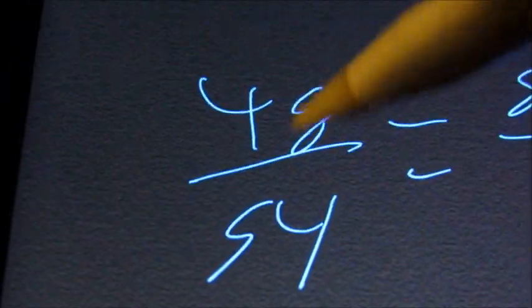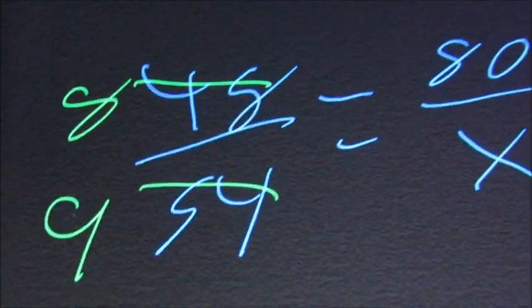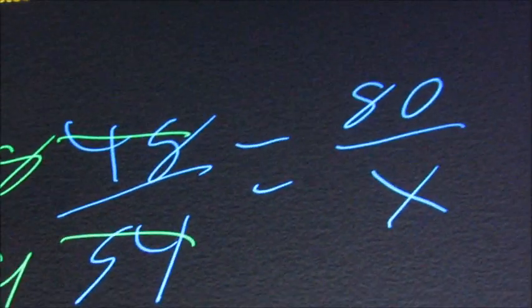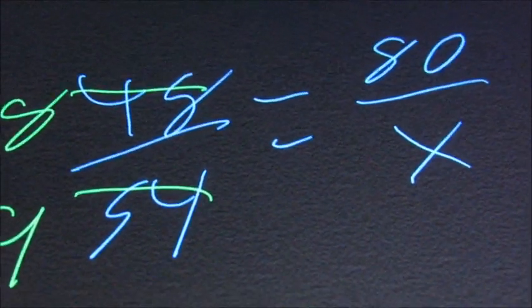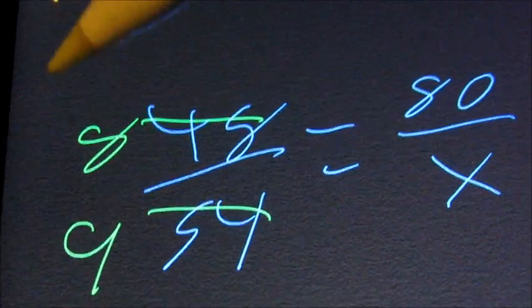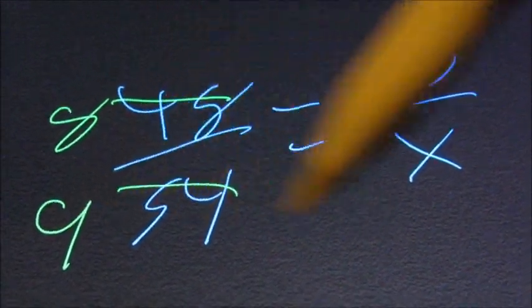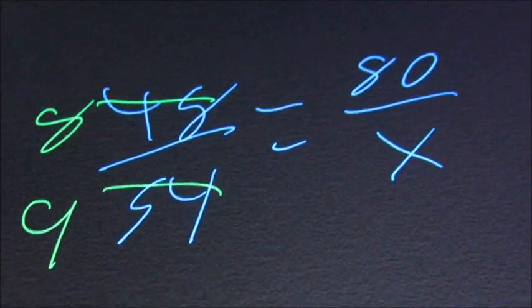So here, 48 and 54 are both divisible by 6, and we would get 8 and 9. So now we have a little bit easier numbers to work with, but we can also do a little bit more. We can also simplify the two numerators to each other, the 8 and the 80, and the 9 and the x. The 9 and the x can't do anything.